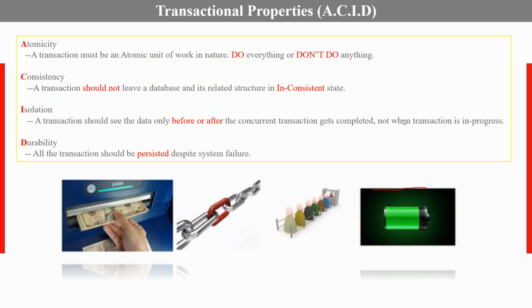Every transaction needs to be fully committed, meaning you get the amount and it is deducted from your account. If something happens, no worries, your transaction will be rolled back. Atomicity: every transaction is fully committed or fully rolled back.